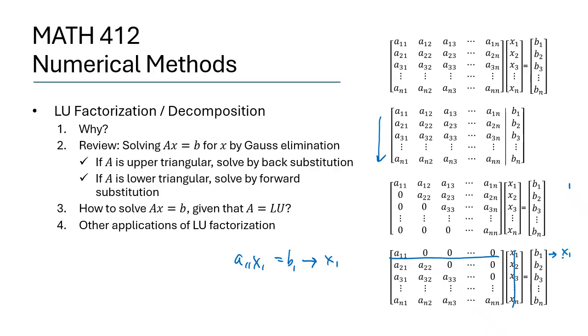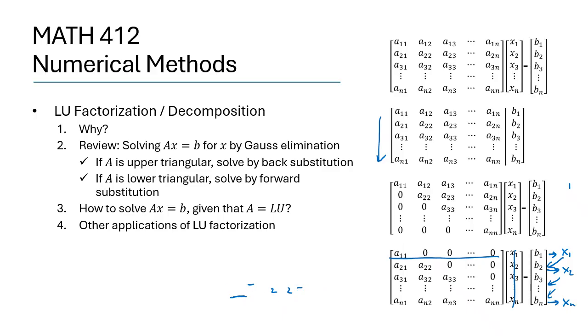Now we pass that value to the second equation. We have a sub 21 x sub 1 plus a sub 22 x sub 2 is equal to b sub 2. Now x1 is known, so we solve this for x2, and we continue this process, and eventually we find x sub n.